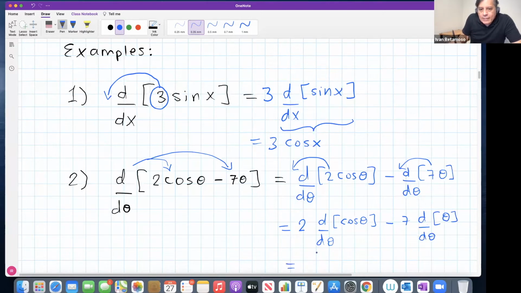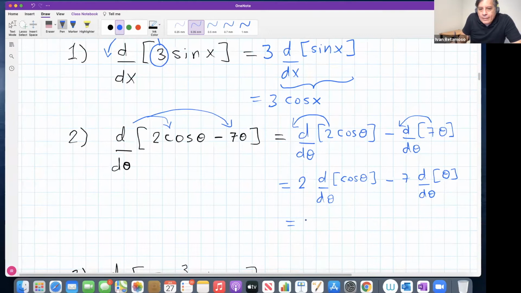Now, question for you guys. What do you think the derivative of cosine of theta should be, based on the facts that we posted? I see Adriana, Oscar, very good. Sarah, very good, guys. I think you are tuned. It's a tricky one.